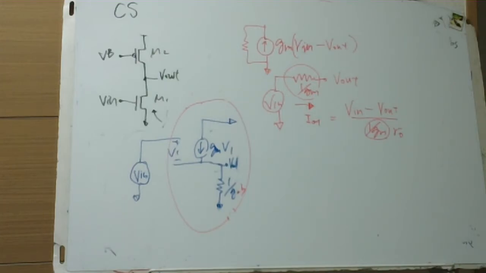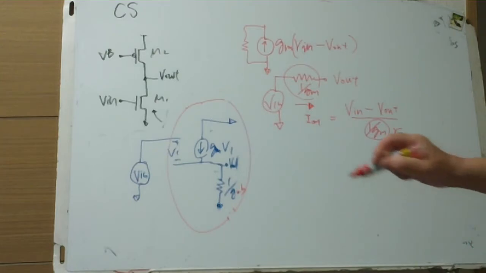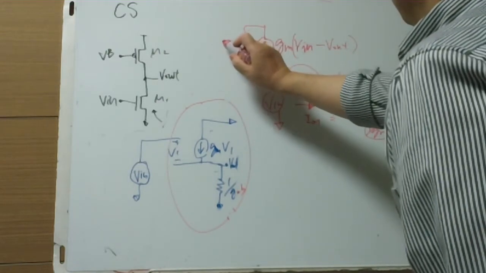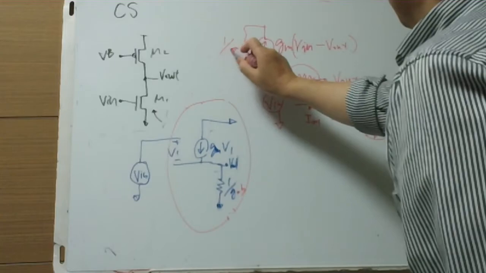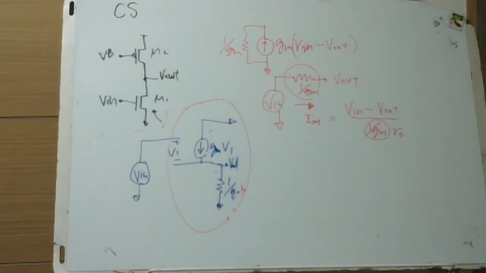So just this. This is 1 over GM, resistor looking into the source.